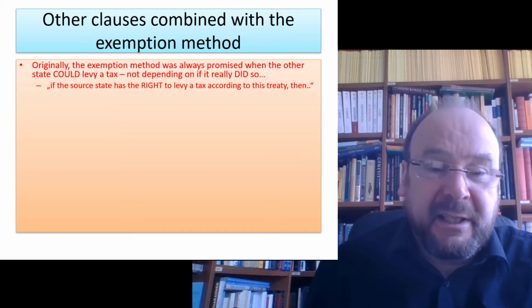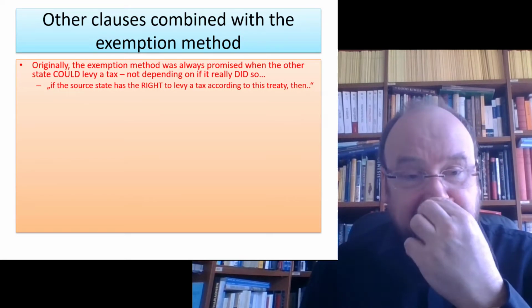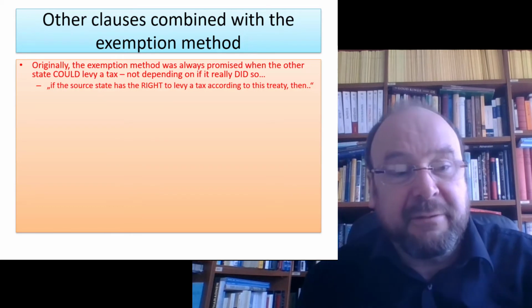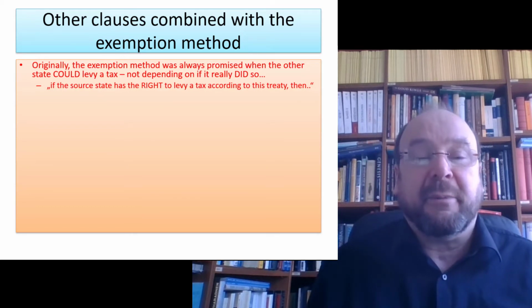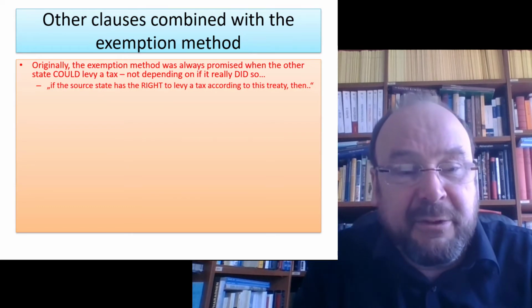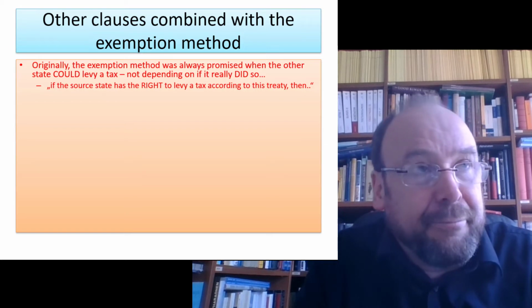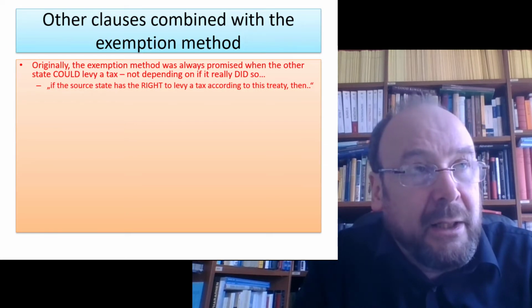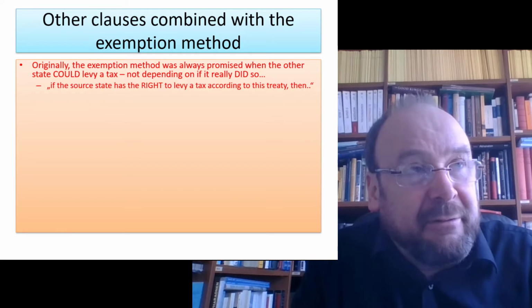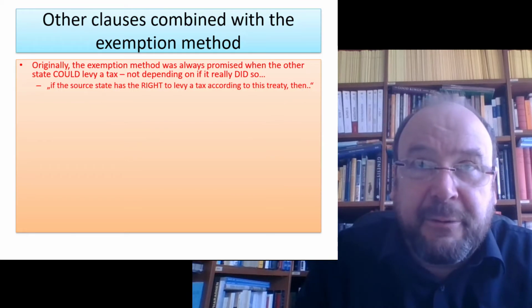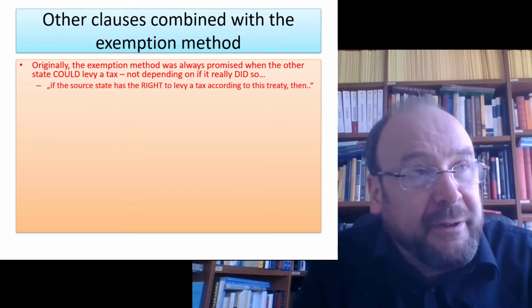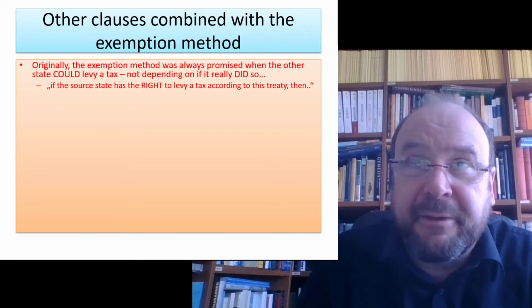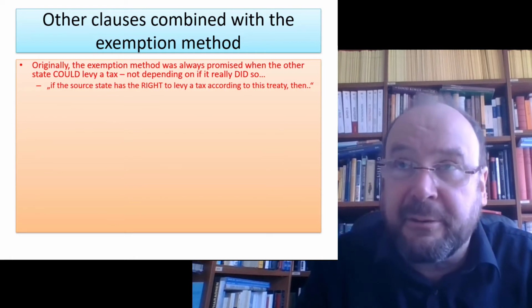Now, you can imagine when states began to compete for foreign investments, one or other states came to nice ideas like, well, everyone in our country pays 40%, and for foreigners, we make a special offer. During the first 10 years of your investment, you pay no taxes at all.